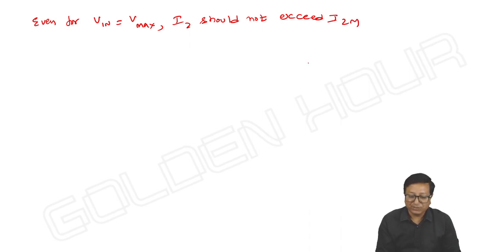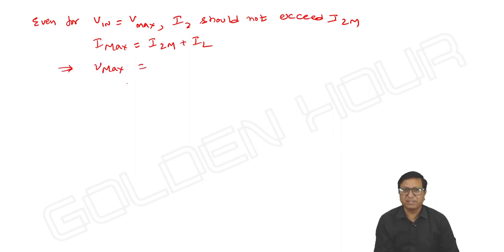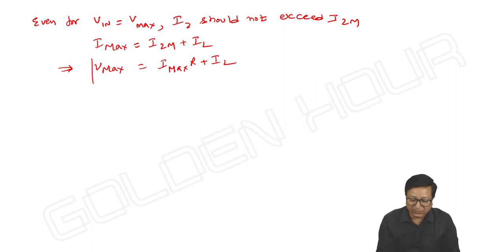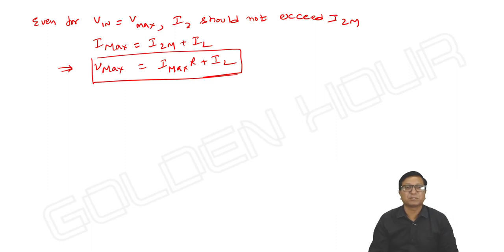As input is maximum, the corresponding current from the source is also maximum. I can write I max is equal to IZM plus IL. So V max is equal to I max into R plus VZ. That's it. This is the maximum value of input.